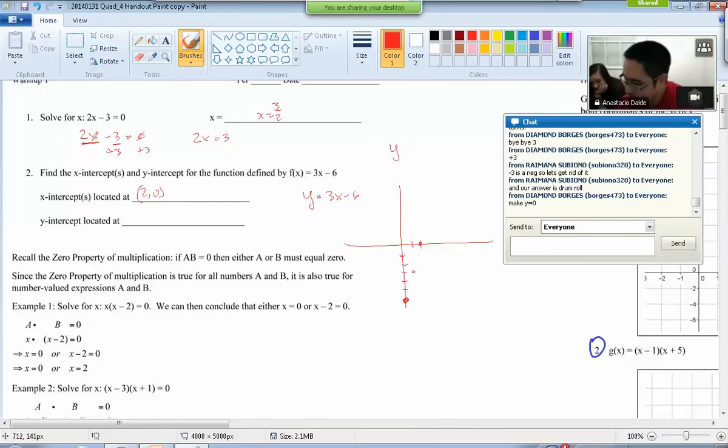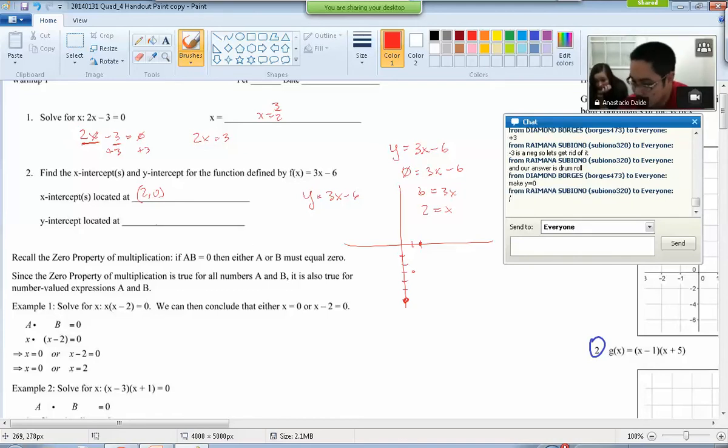So if I have the graph y equals 3x minus 6, and I say y equals 0, then essentially I'm saying 0 equals 3x minus 6. And I want to solve for x. You know how to do that. I'm going to add 6 to both sides, so I have 6 equals 3x. And x equals, how do I get rid of the 3? Divide both sides by 3, and I get 2.